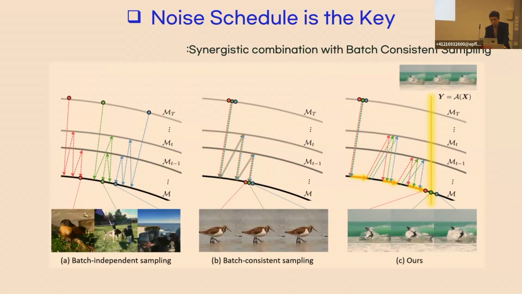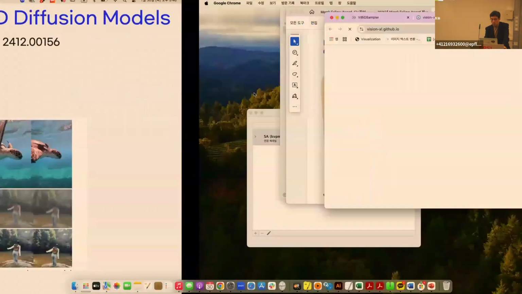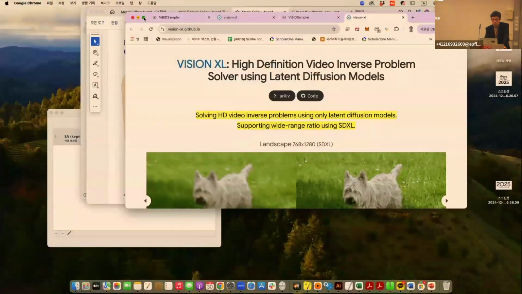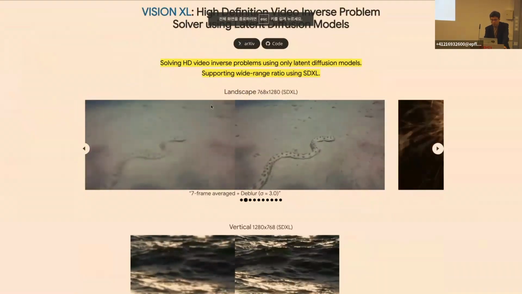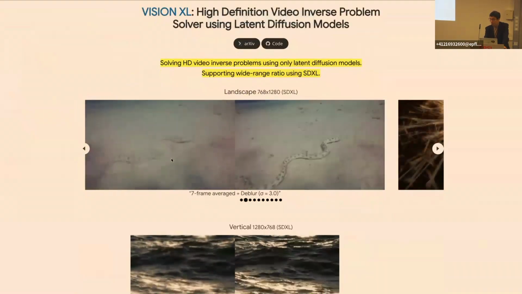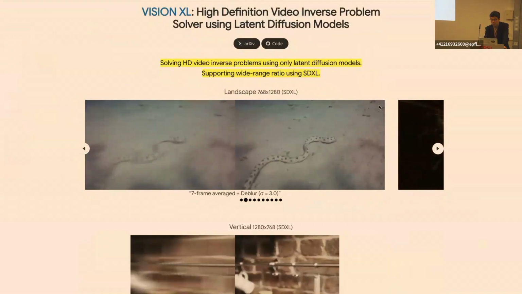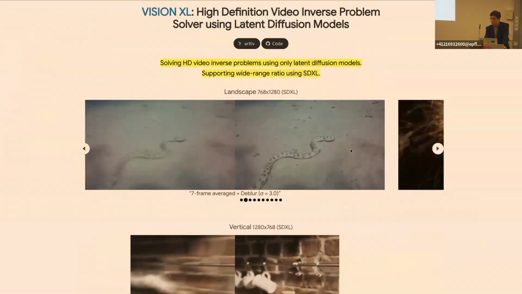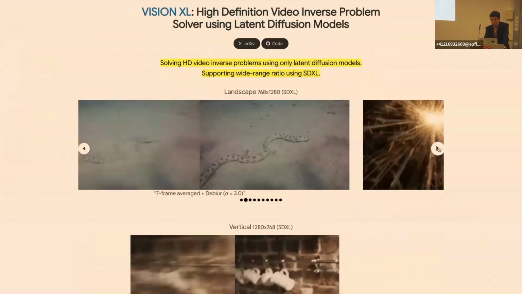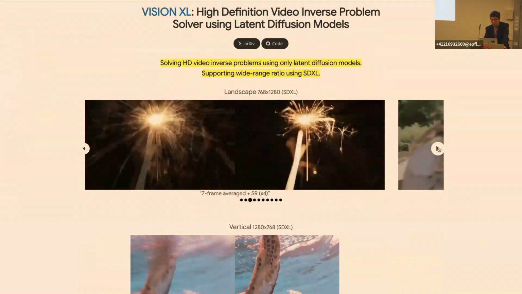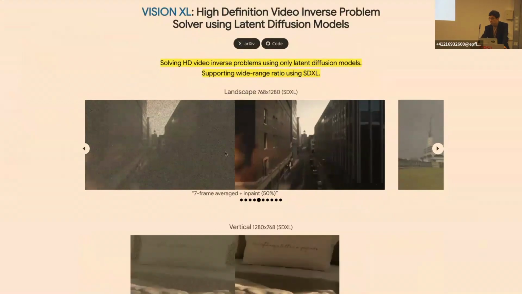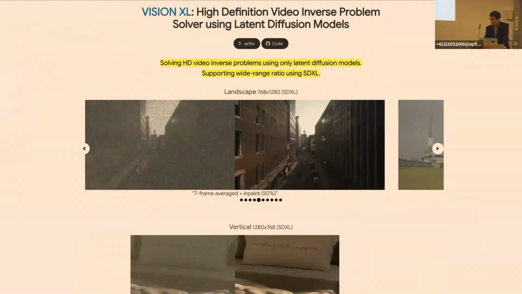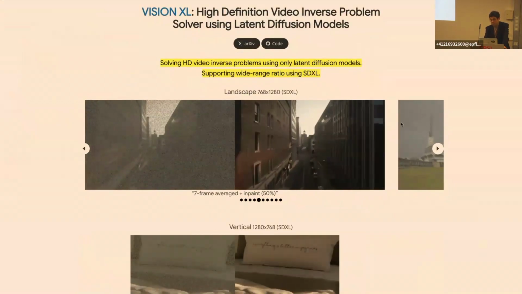In fact, here are some of the demos we can show. This is video denoising. This is a deblurring problem. For example, this is the blurred video, and this is the deblurred video. Same thing here, deblurring, and this is an inpainting problem. Many of the video pixels are missing, and this is the reconstructed video.